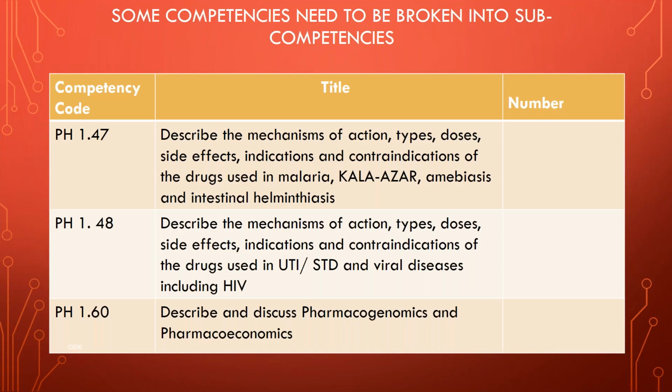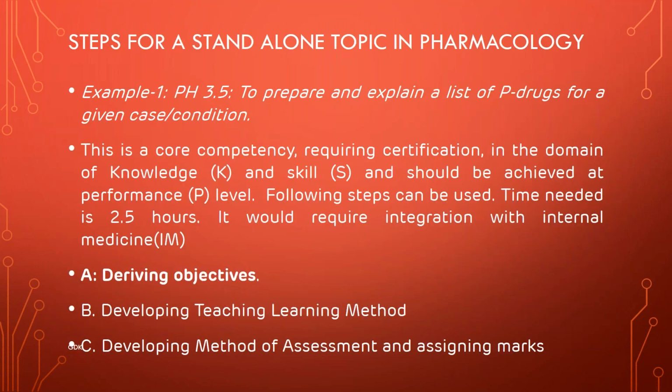So this is what I thought: before starting to prepare SLOs, we all must understand and realize the way it has to be done. Now, the second part is a simple example I have given for a competency which stands alone, doesn't require any integration in pharmacology or only minimum integration, and this is how I thought I will make it.